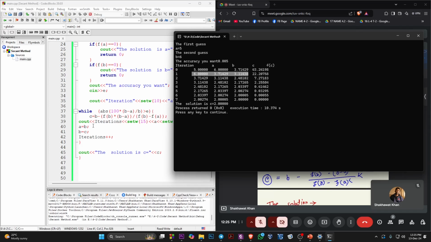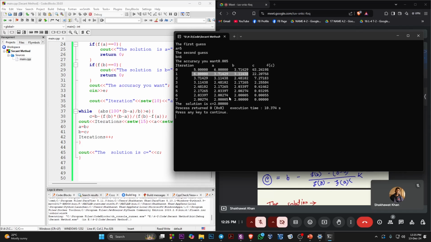Okay, and it again plotted the values for a, b, c and f of c here, and also this b value replaced in a, this c value replaced in b, and again we evaluated a new c value using this expression, and this process happens again and again until our error value is satisfied.